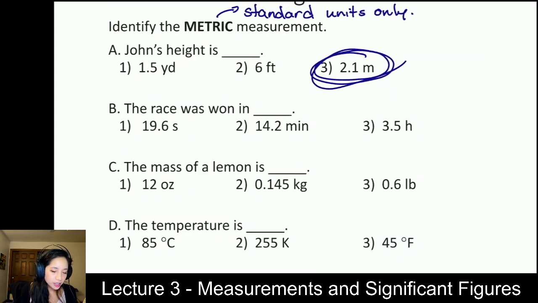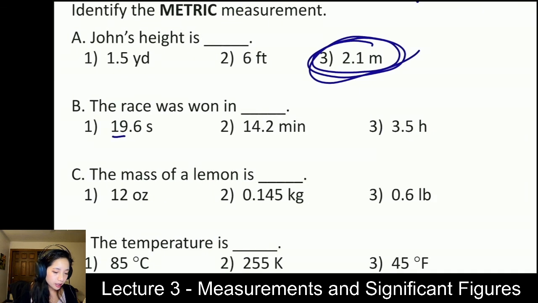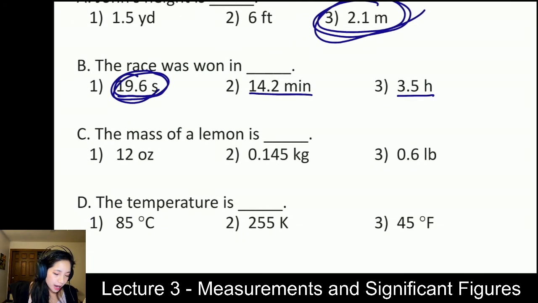Great. The race was won in 19.6 seconds, 14.2 minutes, or 3.5 hours. If you remember from that slide, the standard unit we use is seconds. A mass of a lemon is 12 ounces, kilograms, or pounds.